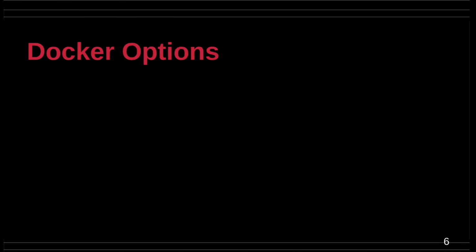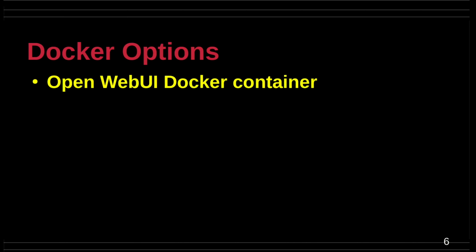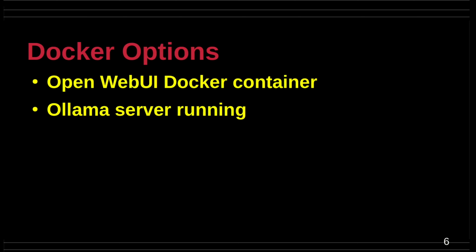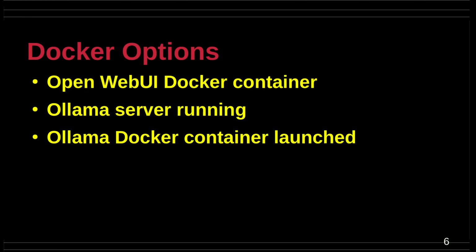For the demonstrations in this tutorial, the Open WebUI application will run in a Docker container. Ollama can be run in 3 ways. The first mode is to let Ollama run as a background service natively on the Orin Nano. The second mode is to launch Ollama as a Docker container prior to launching the Docker container for Open WebUI.